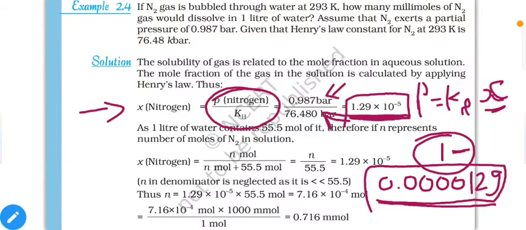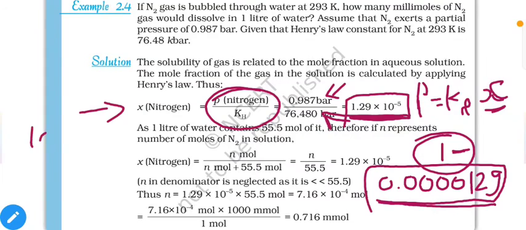So we can say that the number of moles of water is much higher than the number of moles of nitrogen in the solution. Suppose we have 1 liter of solution. 1 liter usually represents 1 kilogram. So we have 1 kilogram of water, that means a total of 55.5 moles.